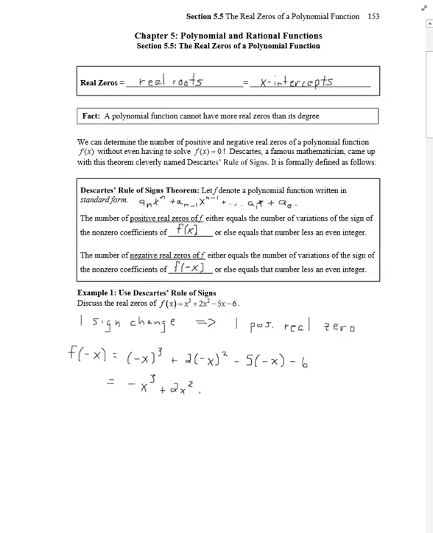Negative 5 times negative x gives us plus 5x, and then we still have the minus 6.